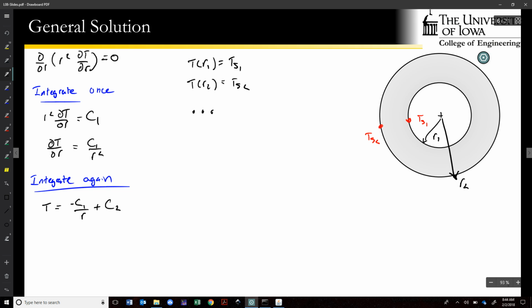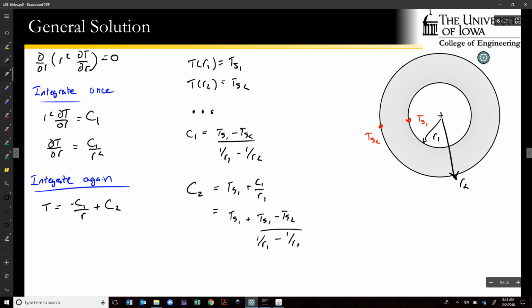We're not going to walk through the algebra this time because this is trivial, but what we end up with is that c1 is equal to (Ts1 minus Ts2) over (1 over r1 minus 1 over r2), and c2 is equal to Ts1 plus (Ts1 minus Ts2) over (1 over r1 minus 1 over r2) times 1 over r1.